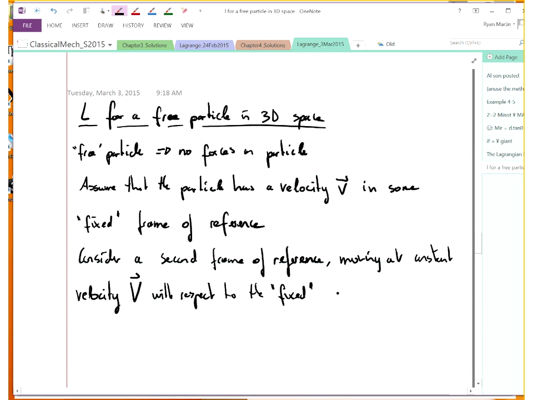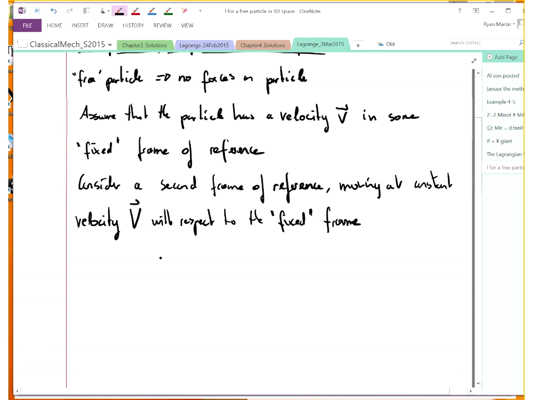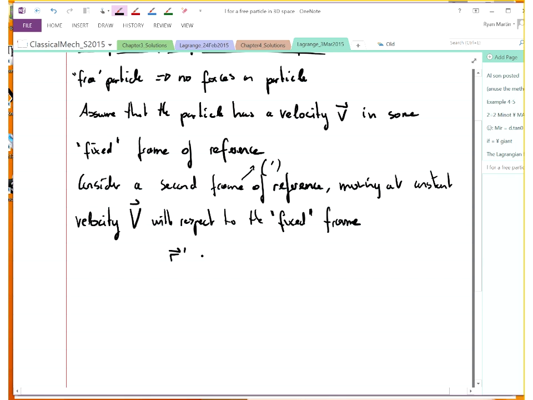I put fixed in quotation marks because there's no such thing as officially a fixed frame of reference in complete empty space. It's completely arbitrary. So we just have a preferred frame, the spaceship that I'm in, and another alternate frame, the spaceship that you guys are in, moving at a constant speed with respect to mine. The second frame of reference I'm going to denote with primes, and the first frame of reference I'm just going to call normal.